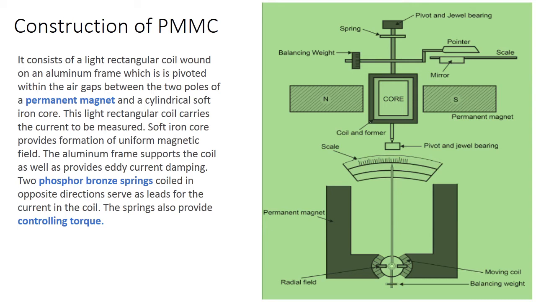The soft iron core provides formation of a uniform magnetic field. The aluminium frame supports the coil as well as provides eddy current damping. Two phosphor bronze springs coiled in opposite direction serve as leads for the current in the coil, and they also provide the necessary controlling torque.